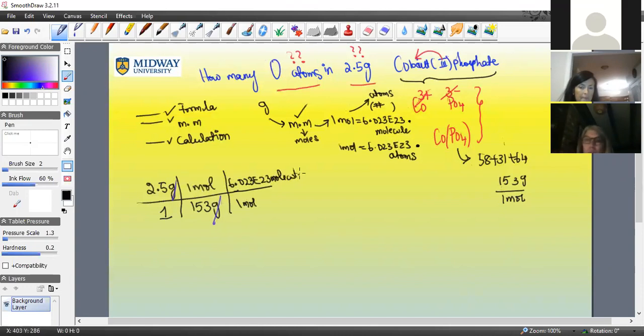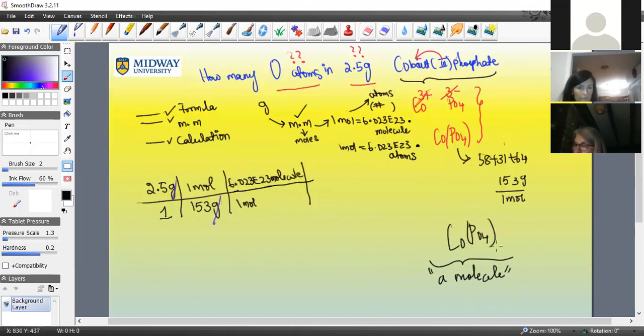Now, the reason I write the unit is because, again, as I said, this CoPO4 is a molecule, one molecule. You cannot forget that. I think some people forget the fact that it's actually a molecule. So that's why they try to play with this bottom portion, but then their answer never matches my answer.